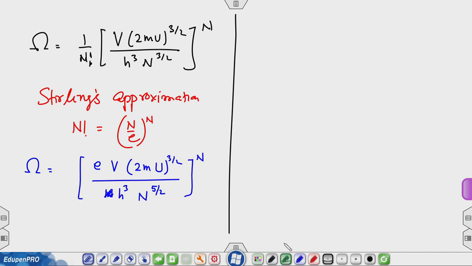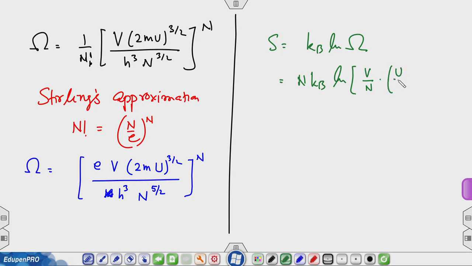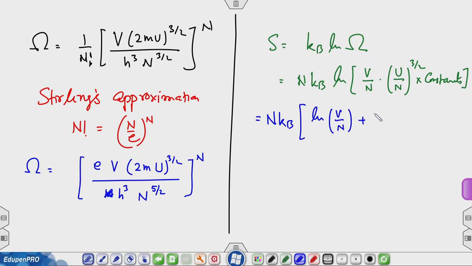And entropy S, therefore, which is Kb log of omega, comes out to be n Kb log of V over n times U over n raised to 3 by 2 times some constants, which is then equal to n Kb times log of V over n plus 3 by 2 log of U over n plus some constants.